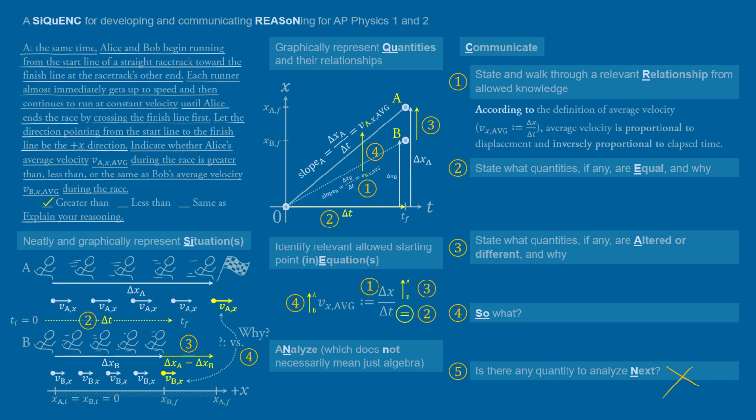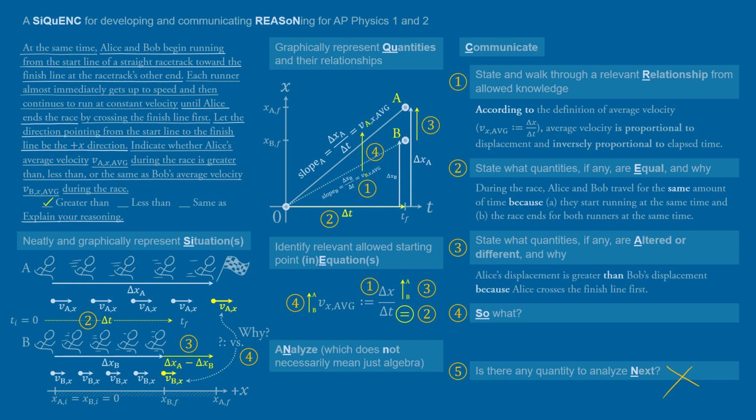According to the definition of average velocity being the ratio of displacement to elapsed time, average velocity is proportional to displacement and inversely proportional to elapsed time. During the race, Alice and Bob travel for the same amount of time because A. They start running at the same time, and B. The race ends for both runners at the same time.